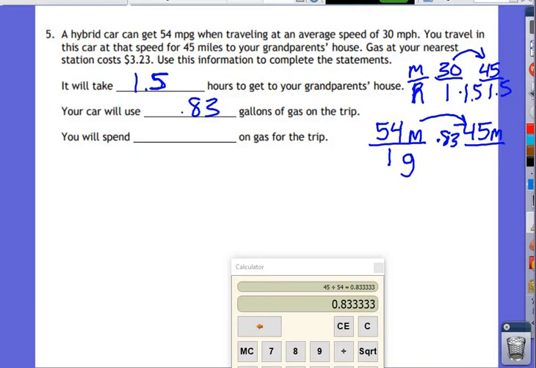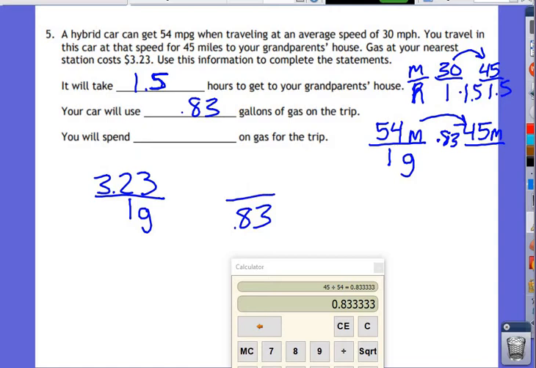Then the last statement says you spend blank on gas for the trip. Well, did they tell me how much gas costs? $3.23. For how much? For a gallon. 1 gallon. How much gas did we use though? Not even a whole gallon, so how much? 0.83.